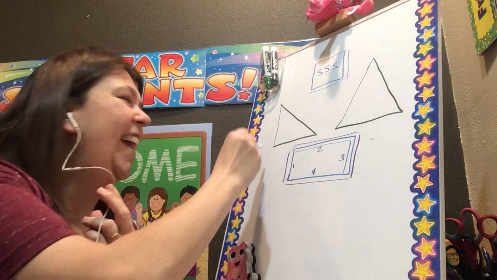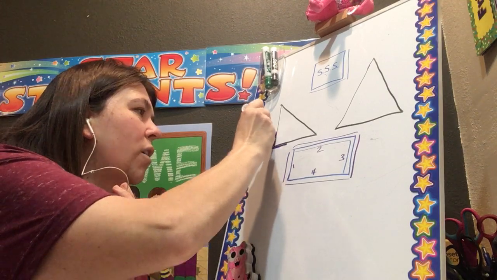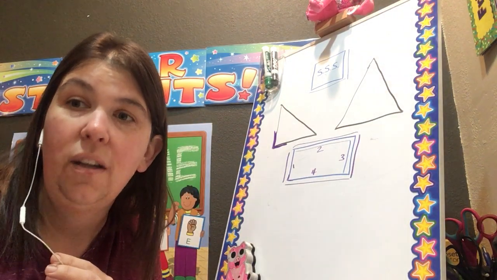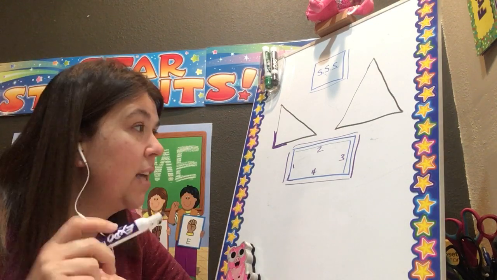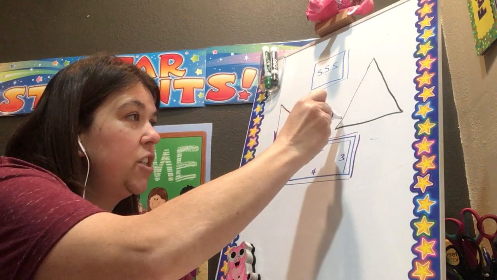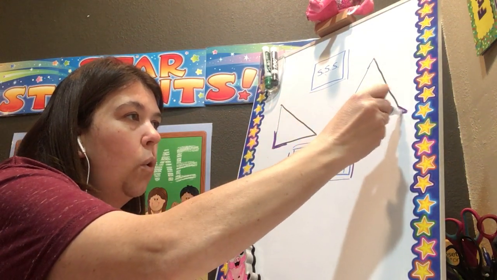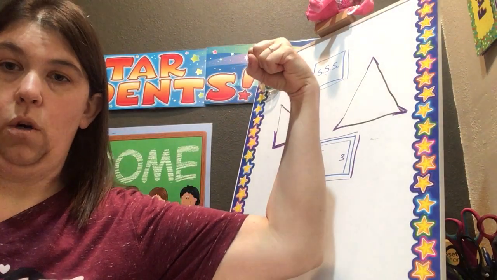Right there. Yeah, you're right. That is a square corner right there, and he's part of a triangle. He absolutely is. So sometimes triangles can have some square corners, but they can also not have any square corners. They can just have regular corners that do not make a square corner.